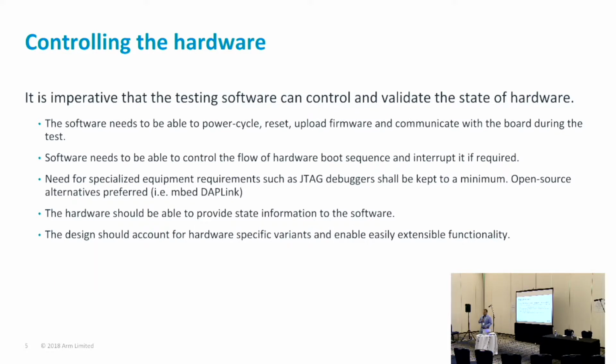In addition to that, the software needs to be able to control the flow. There are certain steps where it might need to block and wait, some steps it might need to skip, and so on. It would also be quite good to have some sort of feedback from the actual hardware to be aware of which stage you are currently at. This is quite helpful with timeouts.